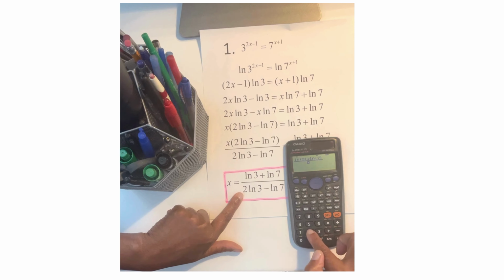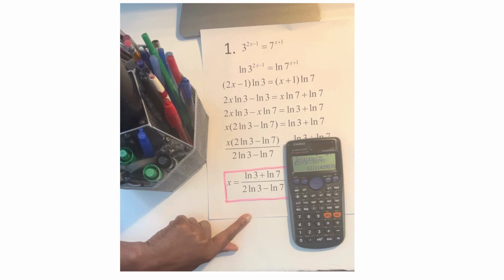So that's going to be 2 ln 3, close parentheses, minus ln 7, close parentheses, and simply press enter. And there you have it. The homework requires you to round your answer to 2 decimal places.